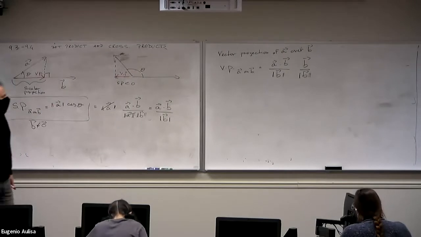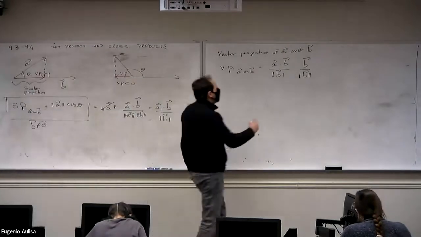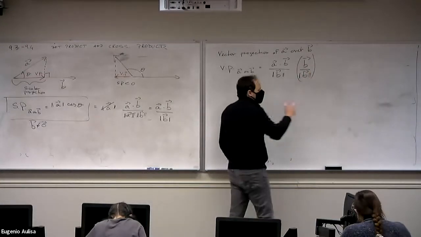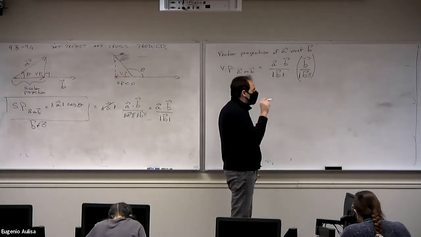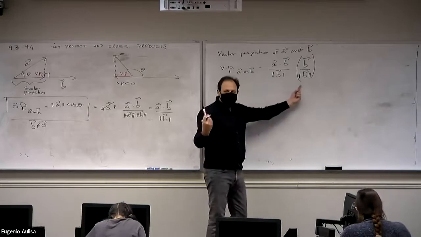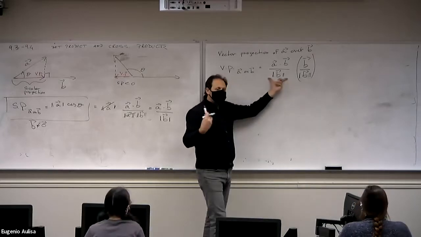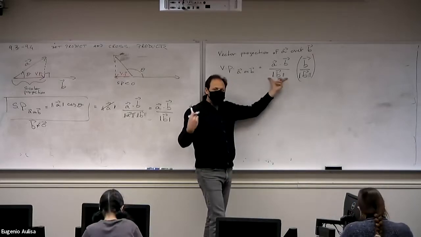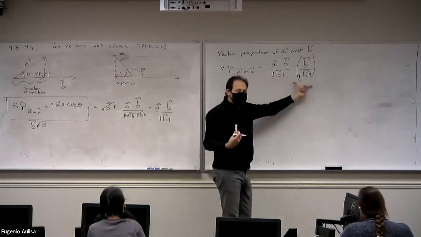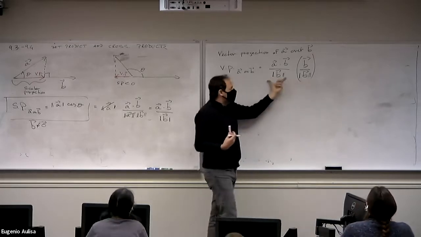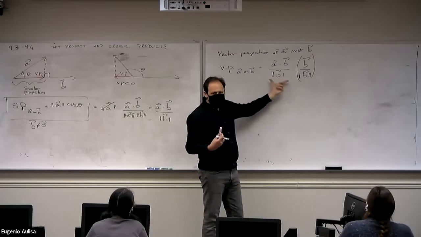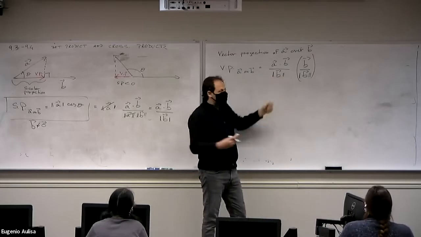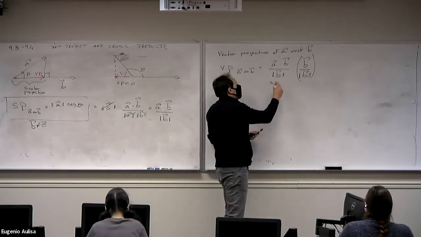Okay? So notice, this always points in the direction of B and has size 1. This is the length with sign of this vector. What does it mean? That it is equal to the scalar projection, right? This is the scalar projection.